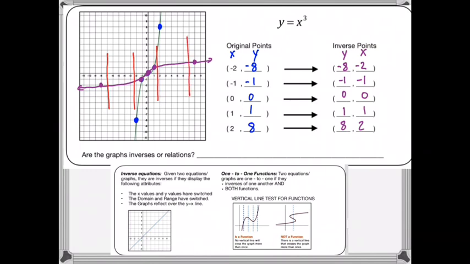All right, so therefore the graphs are one-to-one inverses. Okay, so that basically means the graph of the original is a function, and the graph of the inverse is a function as well.